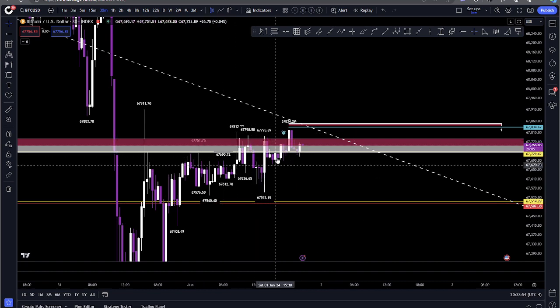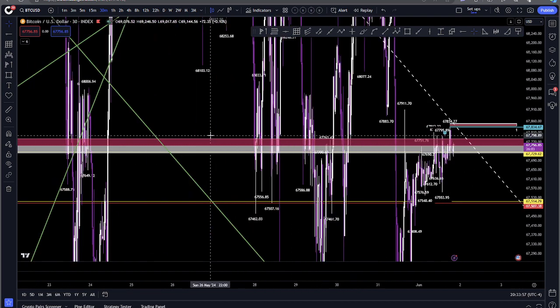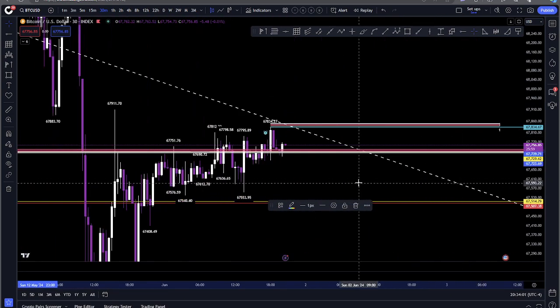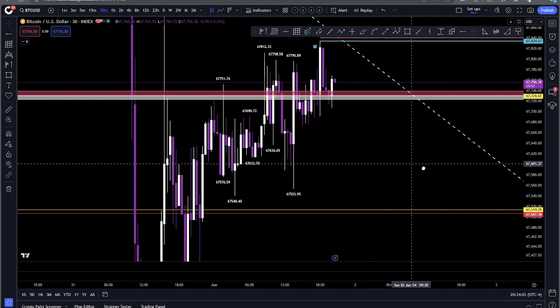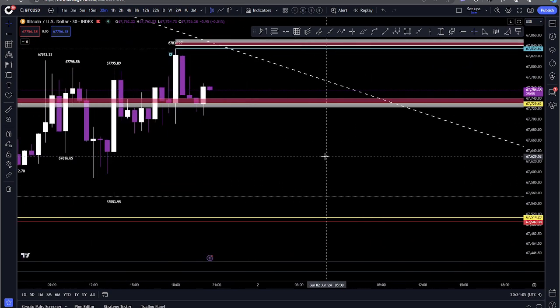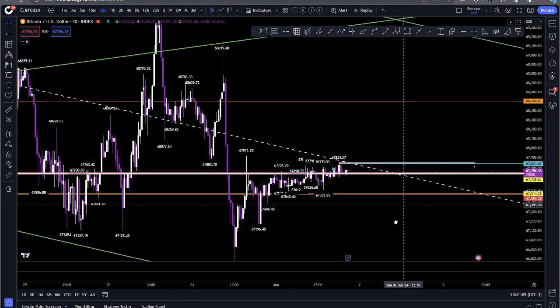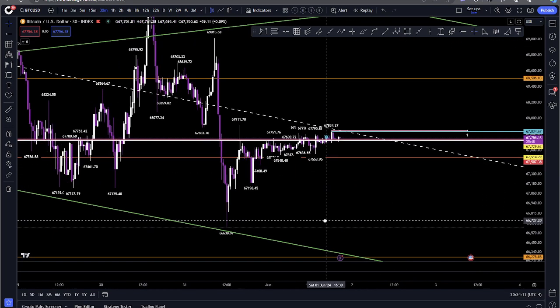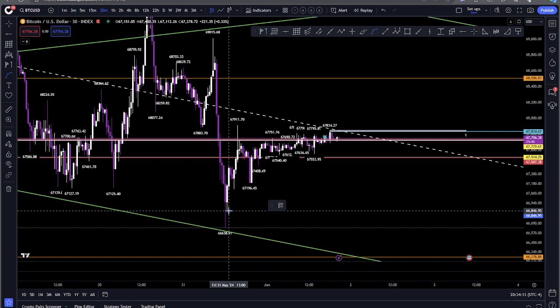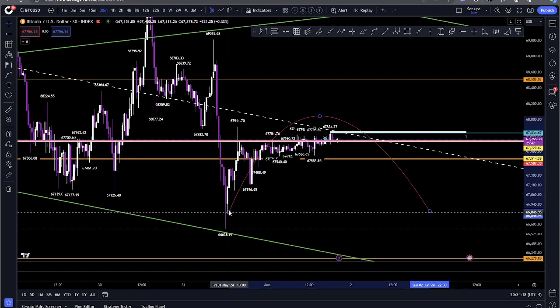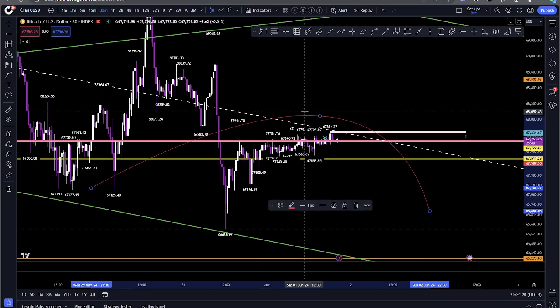You see this contraction phase going on? That was where the POC was. Could it be an H? It absolutely can be an H. You see this? Definitely could be an H, right?